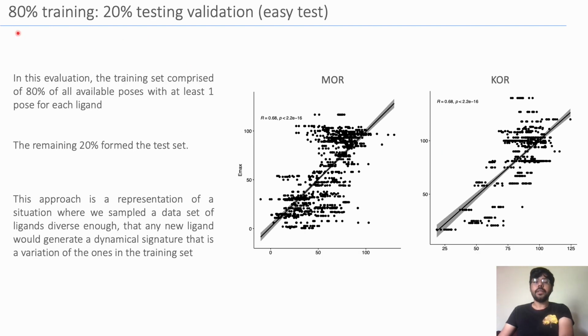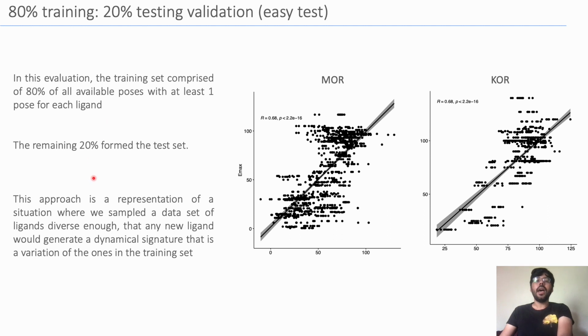A second validation test that we decided to apply to our model is the 80% training and 20% testing validation. This is an easier test. In this test, we selected from all available poses 80% of them as a training set, making sure that at least one pose per ligand is present in the training set. Then we use the remaining 20% of the poses as a test set, using the beta coefficients calculated from the 80%.